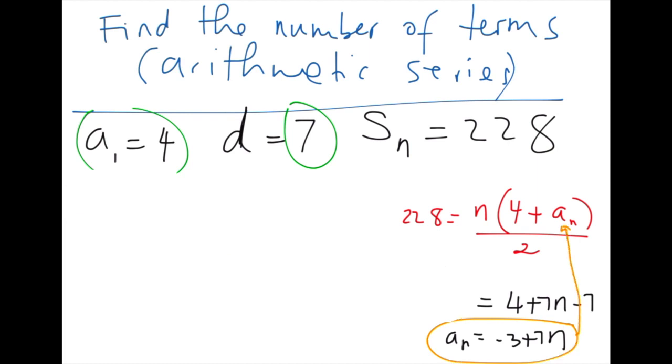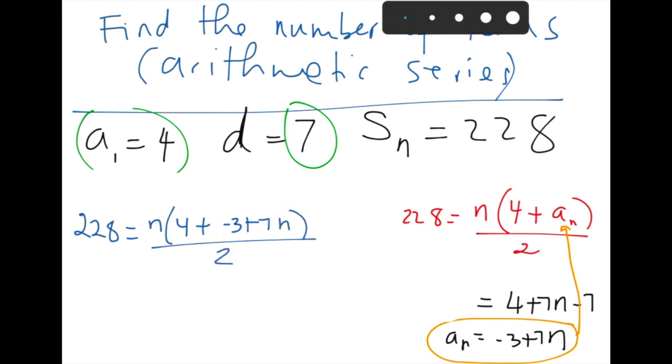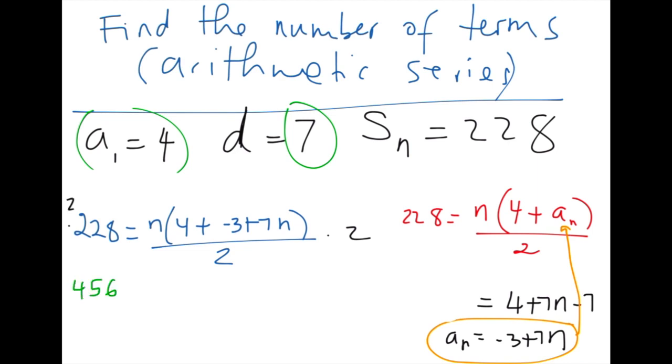Let's do that. So we say 228 is equal to n over 2 times 4 plus a of n, which is negative 3 plus 7n. I can multiply by 2 on both sides to simplify things, which gives 456 is equal to n times 1 plus 7n. When I distribute that, I get n plus 7n squared.